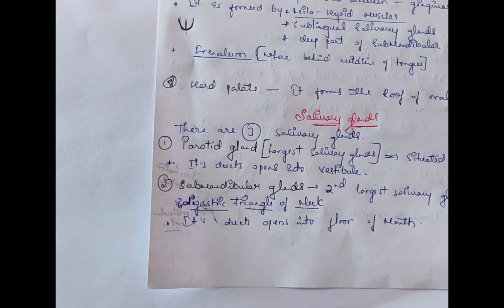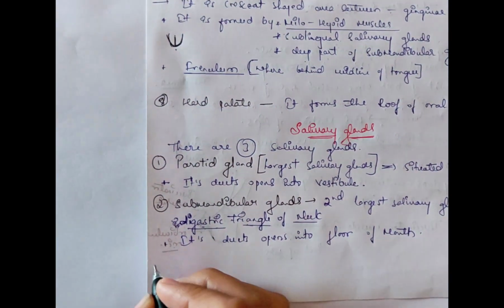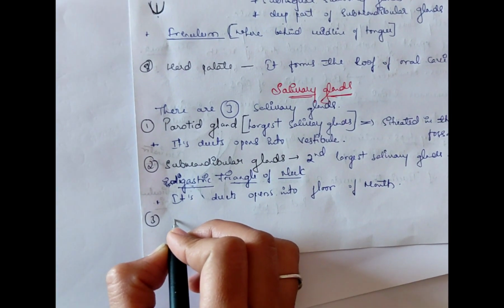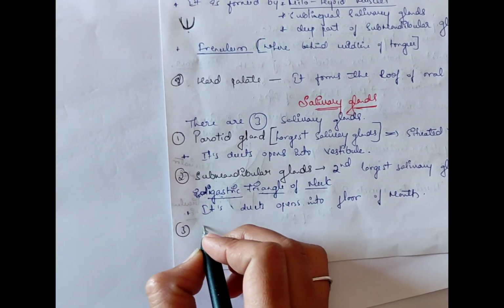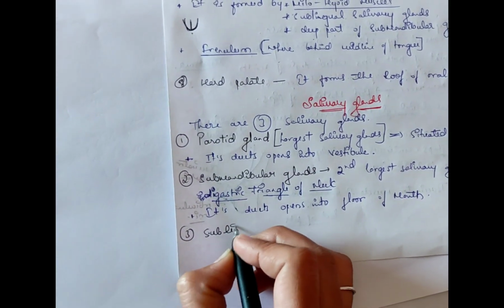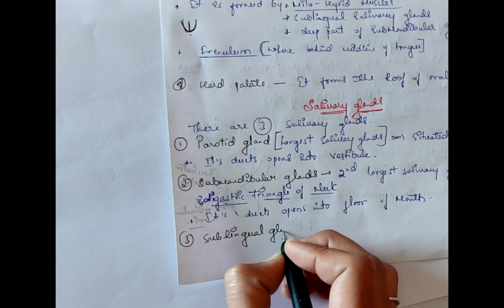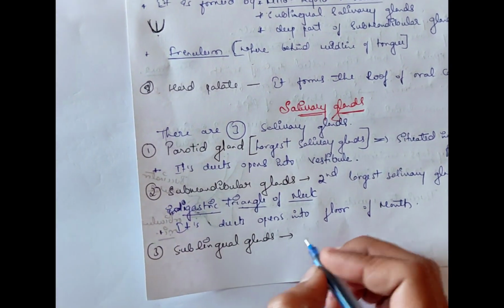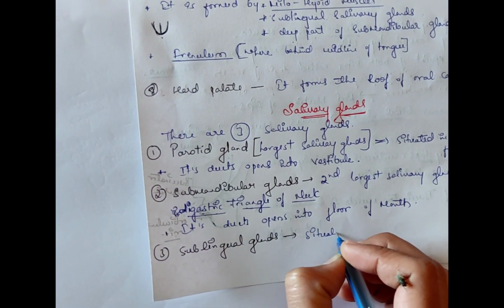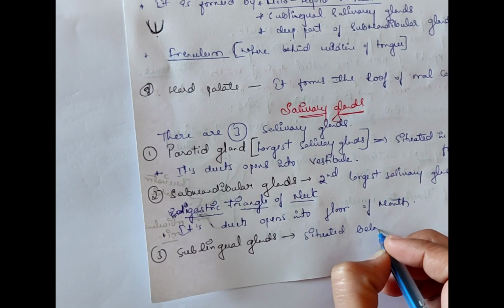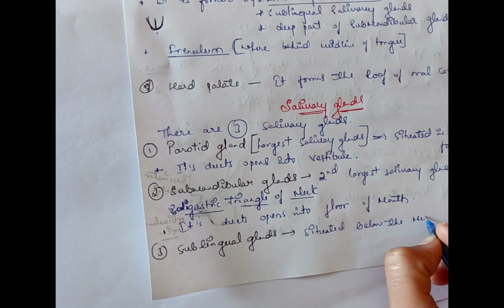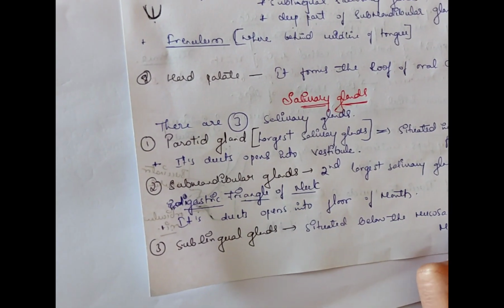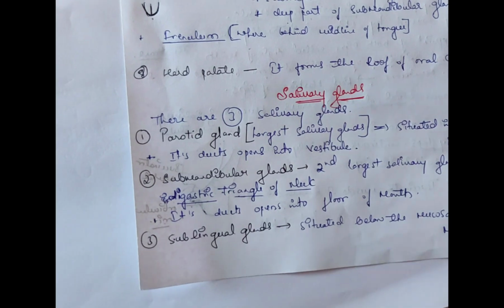The third one is the sublingual gland, which is situated below the mucosa of the floor of the mouth.